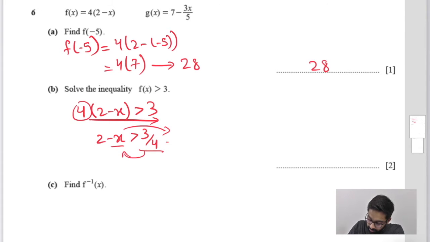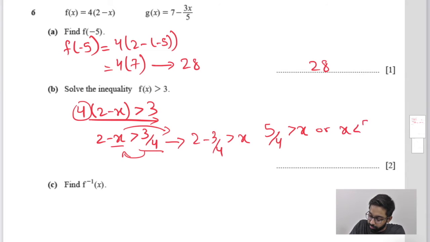So I have 2 minus 3 over 4 greater than x. On the left you would be left with 5 over 4 is greater than x, which can also be written as x is less than 5 over 4. So your final answer is x is less than 5 over 4.